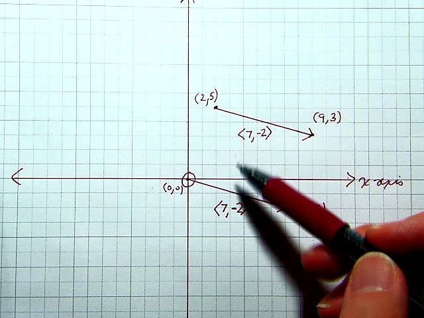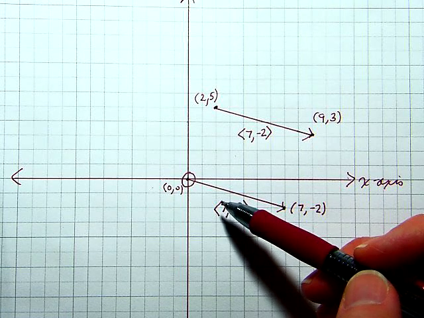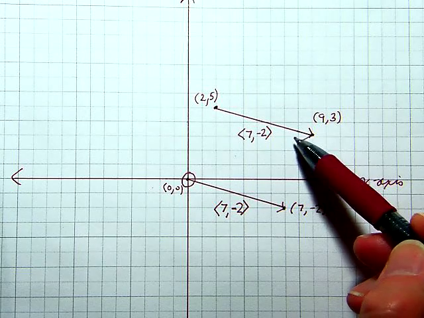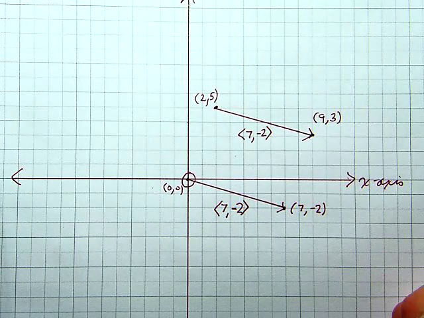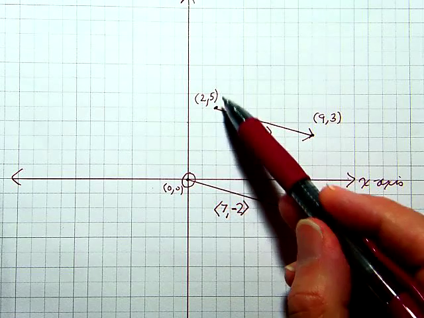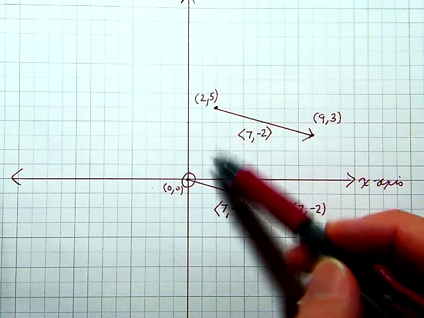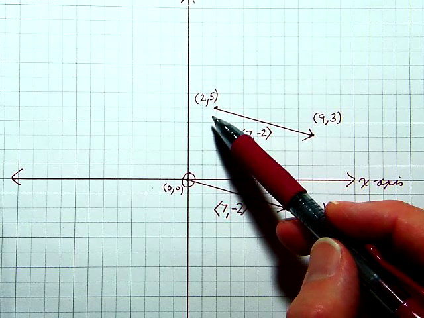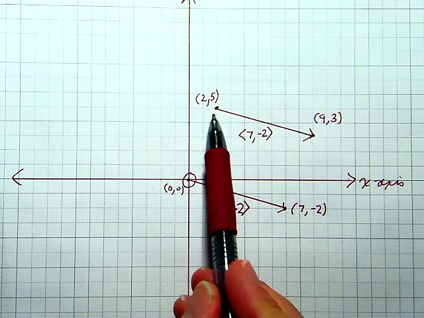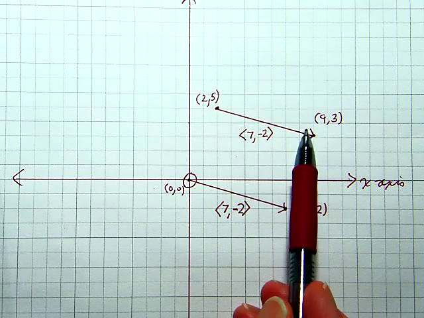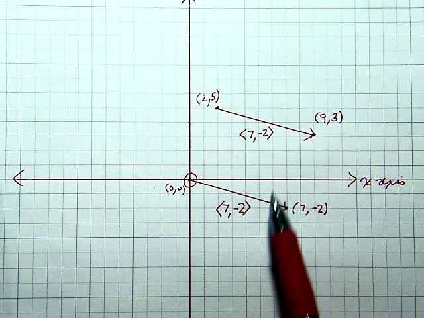Remember, the vector is an object that has a magnitude, which is a length, and a direction, which is this direction. But in the definition of vector, nothing is said about a starting point. So the vector can start anywhere, but wherever it starts, it will have the same length and the same direction. Notice these two vectors are parallel.